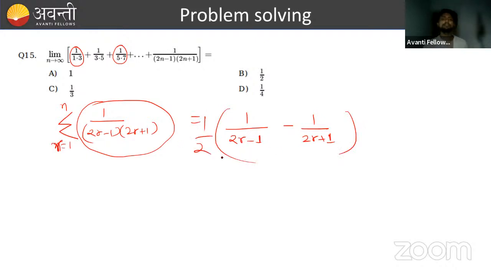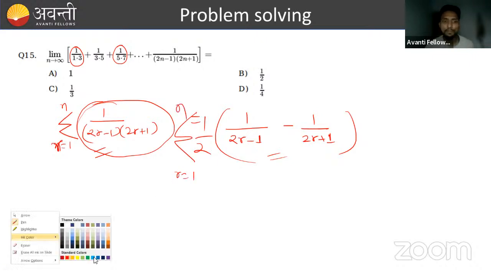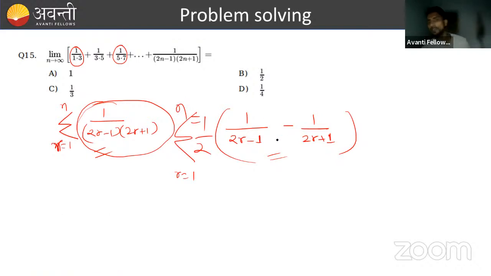You can check, guys. After this you will get only this. So in place of this I will write this, and this is the summation of r equals 1 to n. We have seen this kind of thing previously in inverse trigonometry, right? So we have seen this.